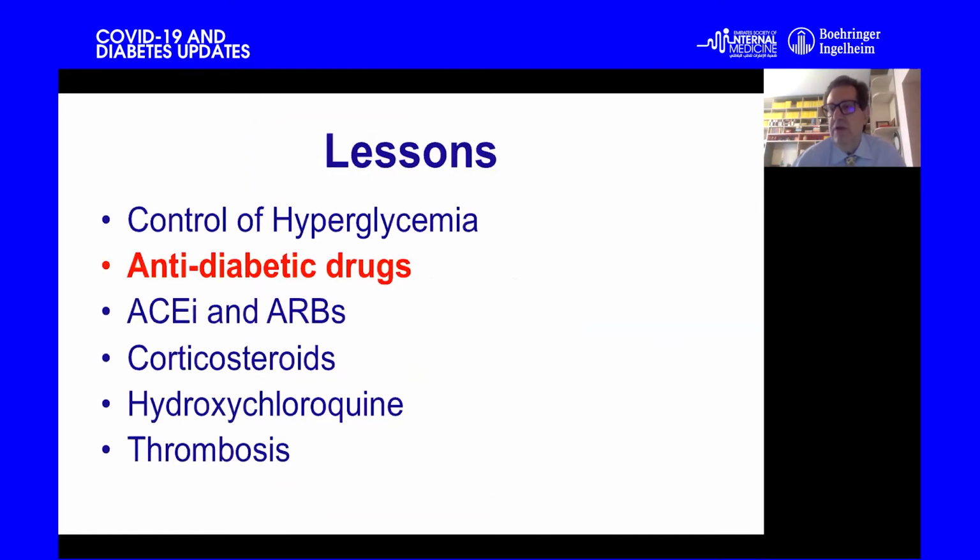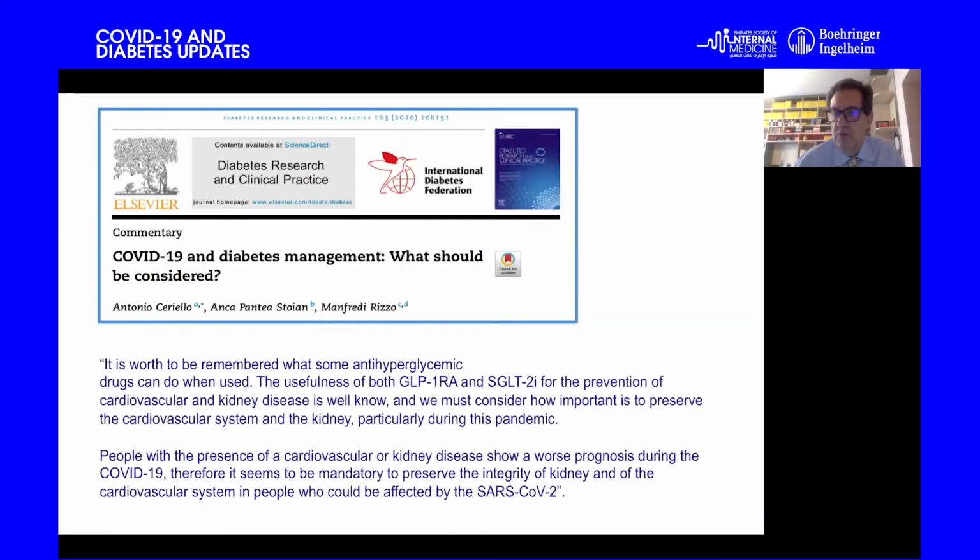What about the anti-diabetic drugs? Maybe you remember that there was a huge debate about what to do about the use of the anti-hyperglycemic drugs in diabetes to face the problem of COVID-19.